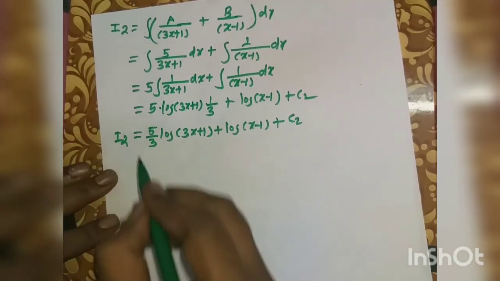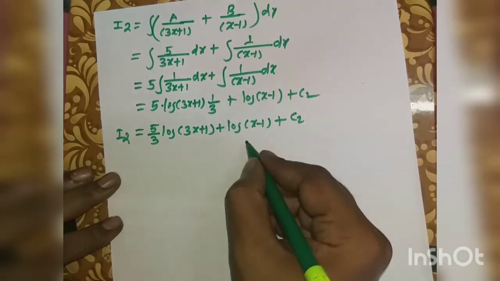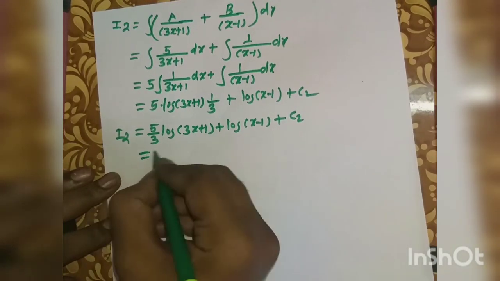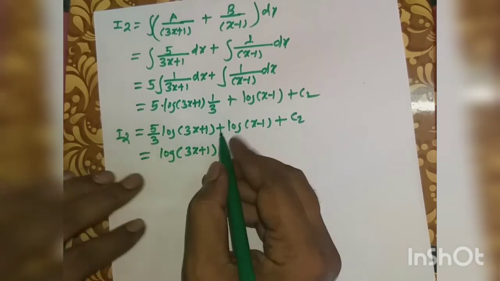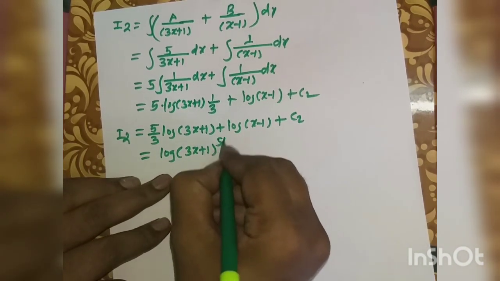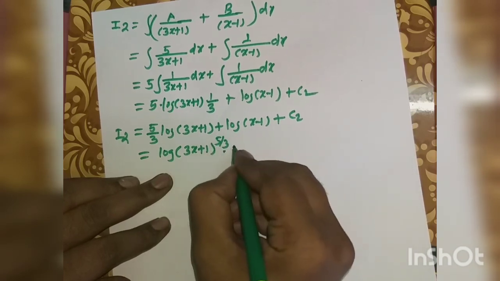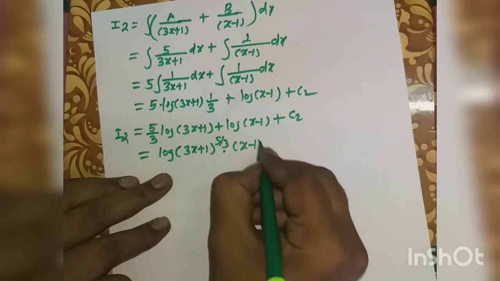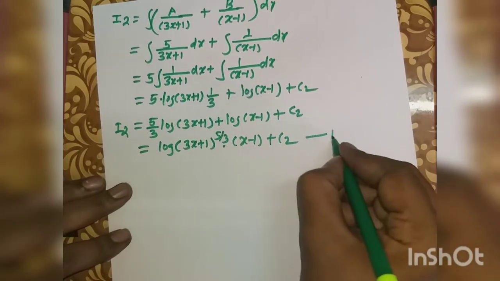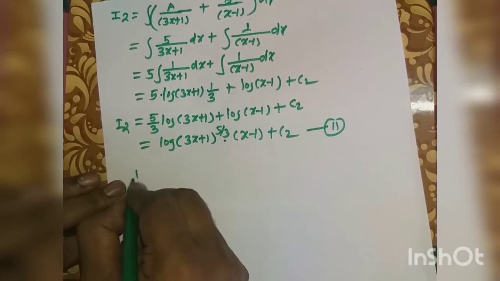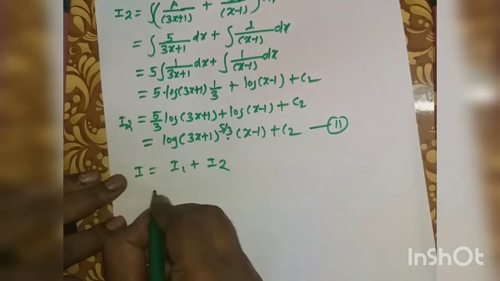We found I2, the second part of the integration. Now we can modify this also. Log of 3x plus 1 has power 5 by 3 by the law of indices, and since there is a plus sign, we take the product: log of 3x plus 1 raised to 5 by 3 into x minus 1, plus c2. So write equation second: I is equal to I1 plus I2.